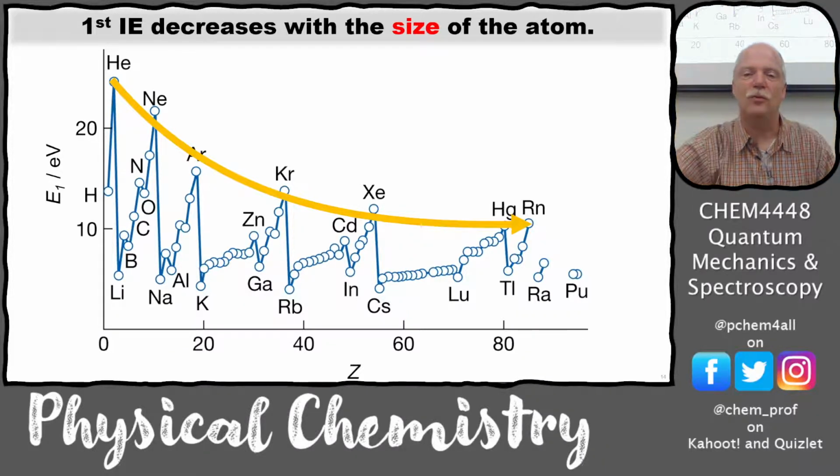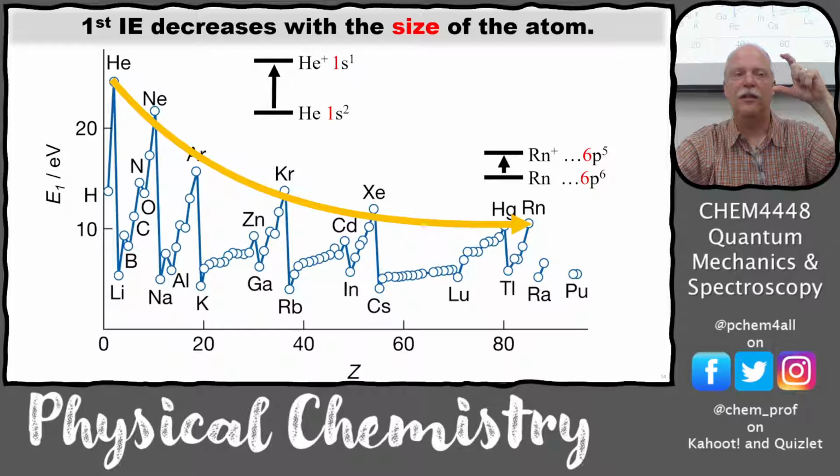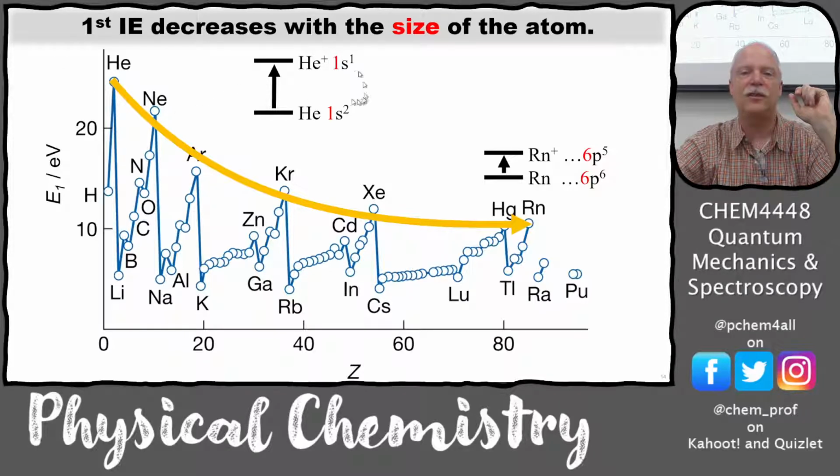We're getting those electrons way far away. So helium, huge difference in the energy levels between the neutral atom and the cation. So look what I'm drawing here. I'm drawing the electron configuration for the neutral atom and the electron configuration for the cation. Okay, do you see that?